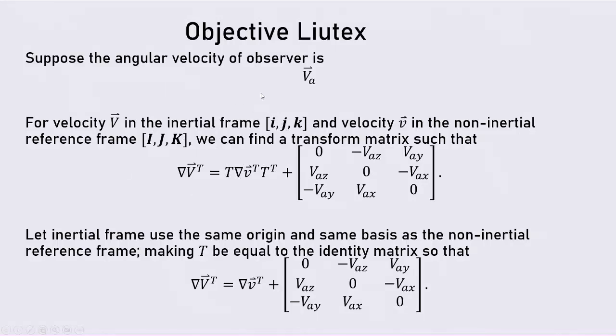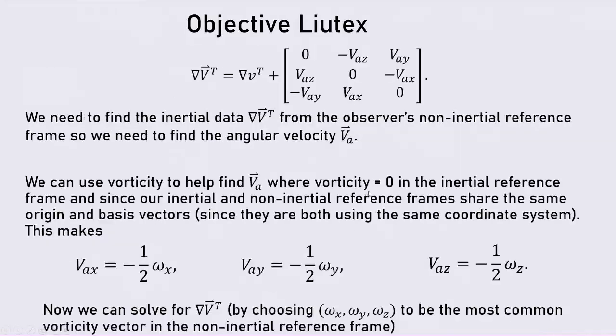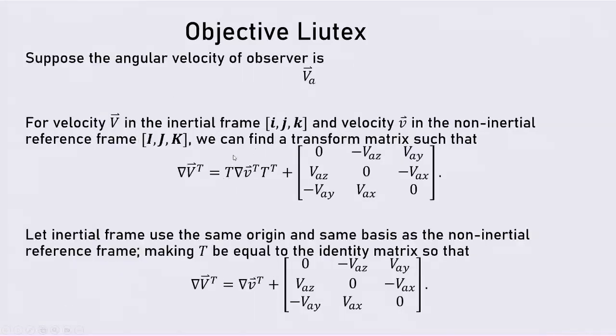We're going to make an assumption and let our origin and basis, our axes, be the same in our inertial frame and non-inertial frame. That allows T to be equal to the identity matrix. So we got rid of the T, and we just have the velocity gradient in the non-inertial reference frame.